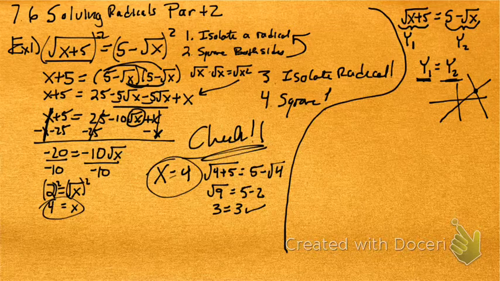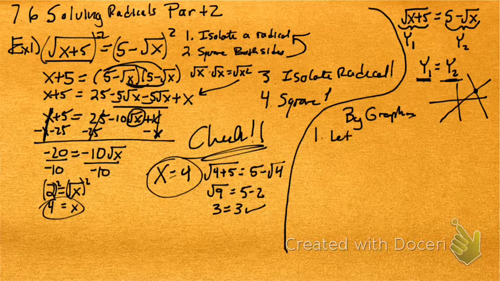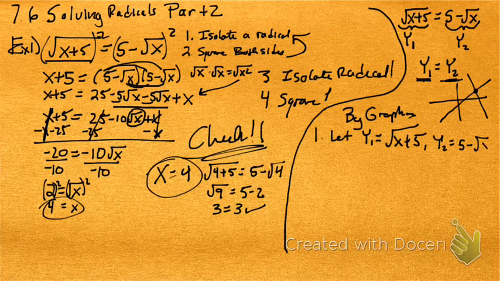So when you solve by a graphing calculator, so by graphing, your first thing is to let y1 equal the left side of the equation, which in this problem is x plus 5, and let's let y2 be 5 minus the square root of x.